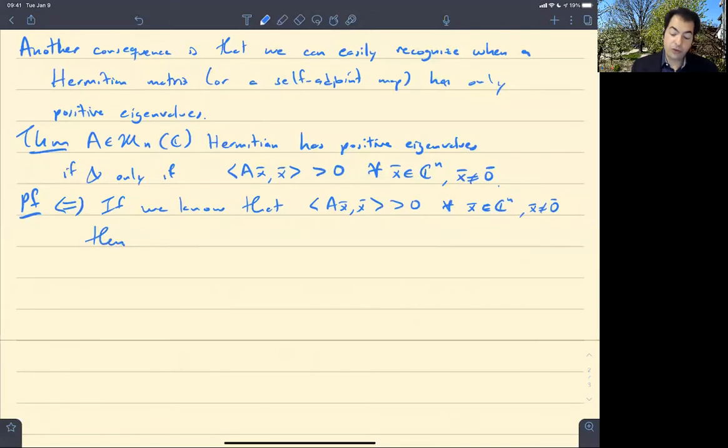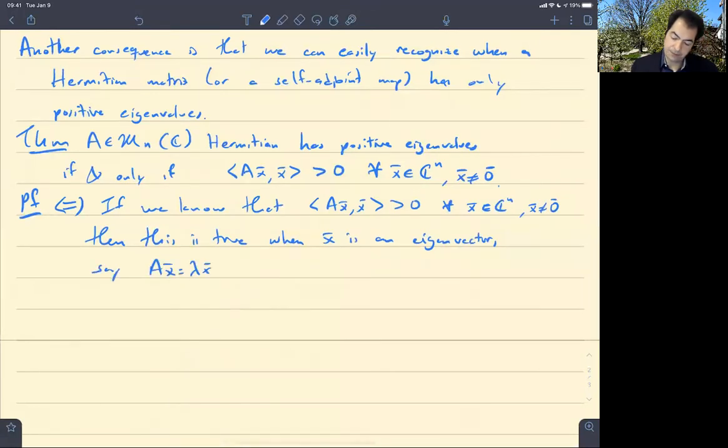Then in particular, this is true when X is an eigenvector. Let's say AX is equal to lambda X.